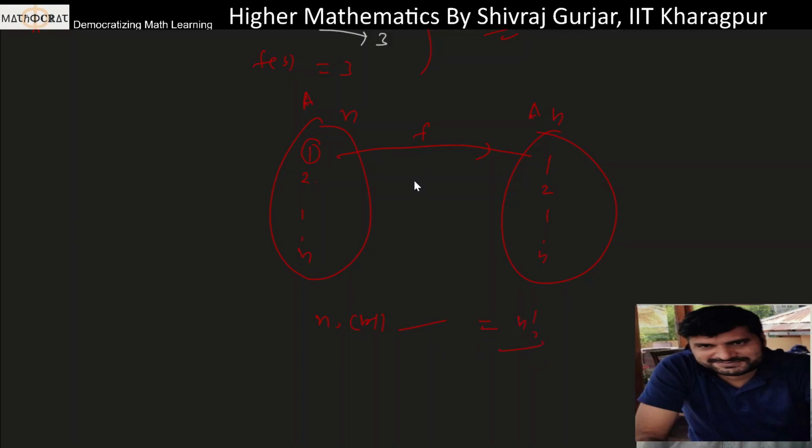So there will be n factorial such mappings if a set A has n elements and permutations are done on these elements.